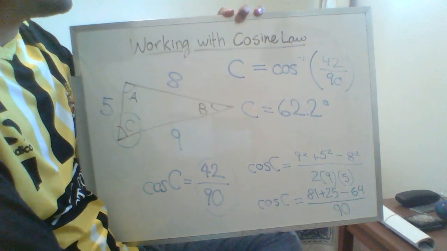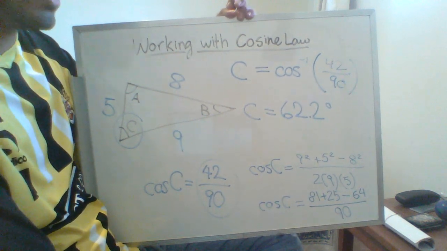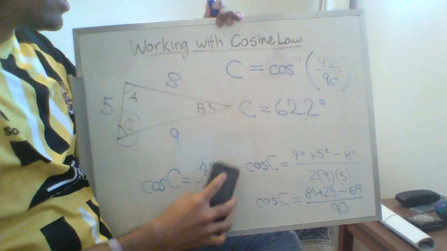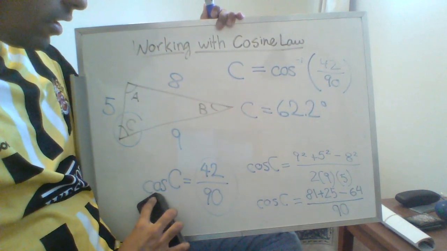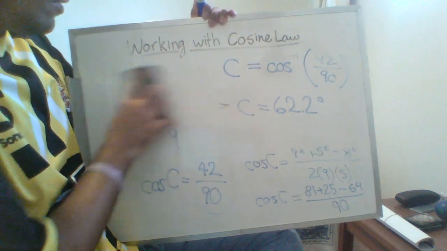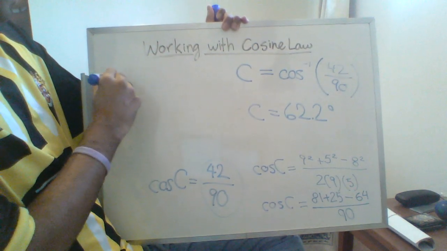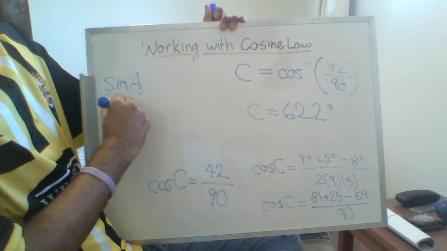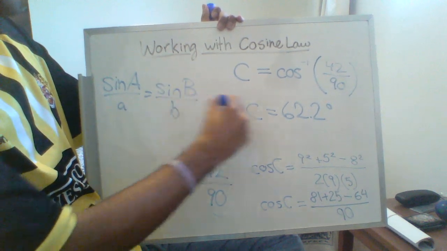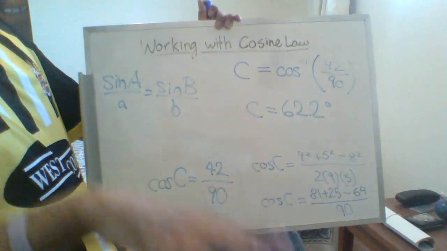Now, how do you know when you need to use cosine law versus sine law? So if you notice, sine law is built for equating one fraction to another fraction, right? Sine law has sine A over little a equals sine B over little b, and the same for sine of C and little c.